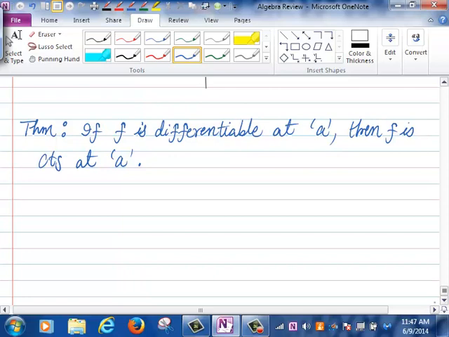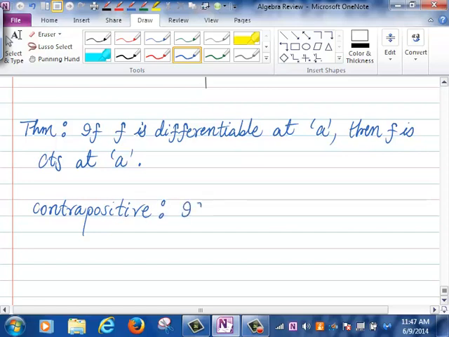What's the contrapositive of this? This is equivalent to saying the contrapositive, which is the following.